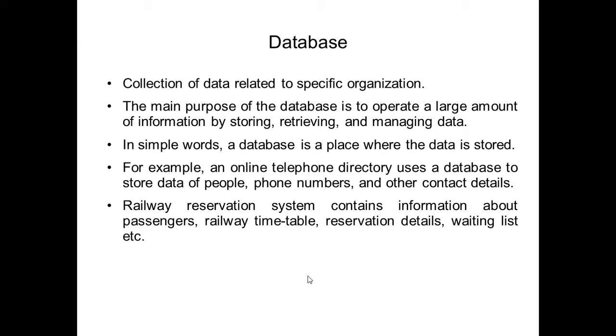So all this information, all these details are stored under one location, and that location is nothing but the database. Another example is the railway reservation system. It contains the information about passenger details, railway timetable, reservation details, waiting list, cancellation, etc. So all these things come under one location, one place, and that is nothing but the database.